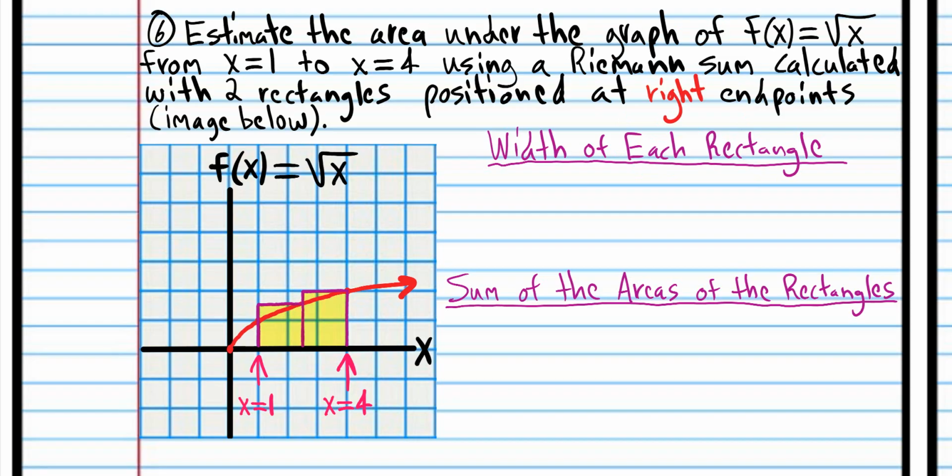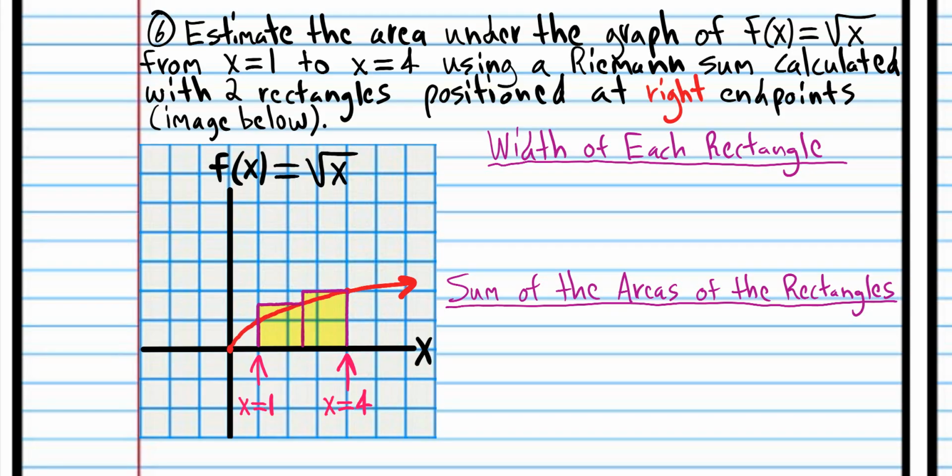So remember, you need to use your formula. B minus A over N is equal to the width of each rectangle. So go and attempt number 6. B is 4 and A is 1. When you come back, we'll do it together.